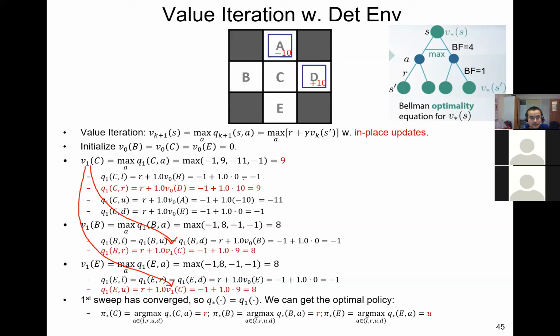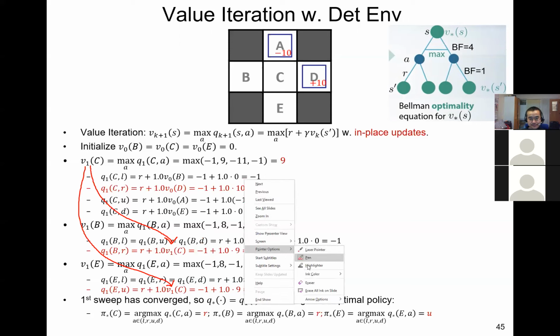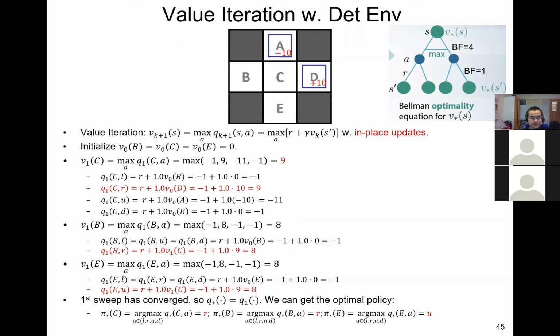So now we run value iteration. The reason that we update V1C first is that it's closest to the sink nodes, the terminal nodes.